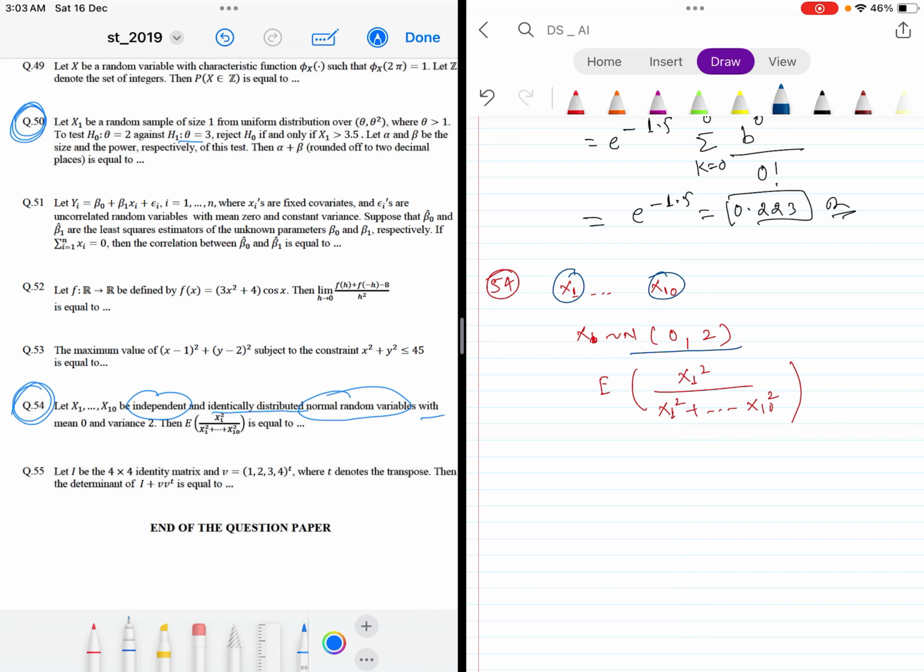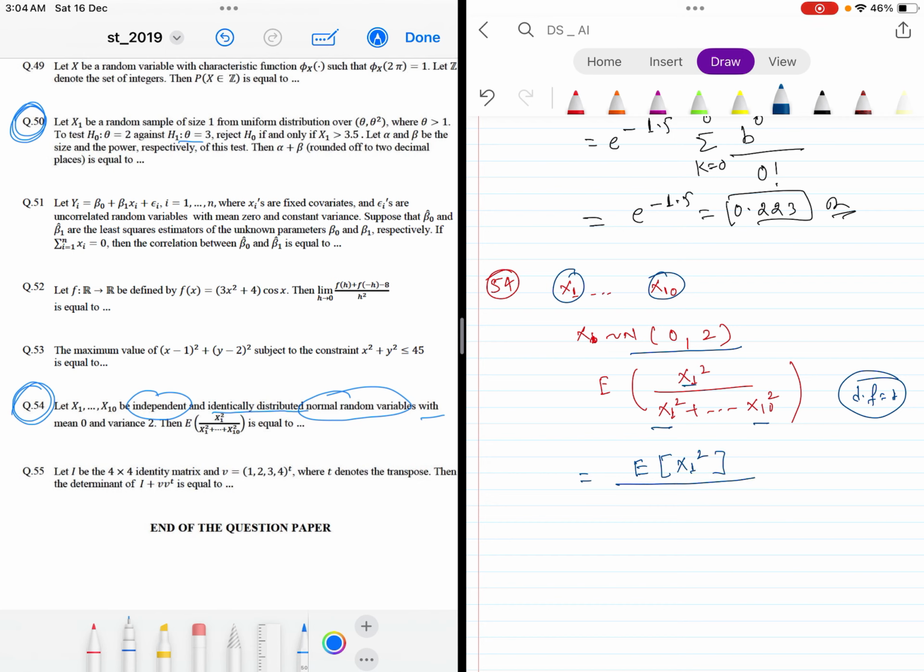All of these individual terms are chi-square distributions with degree of freedom 1.